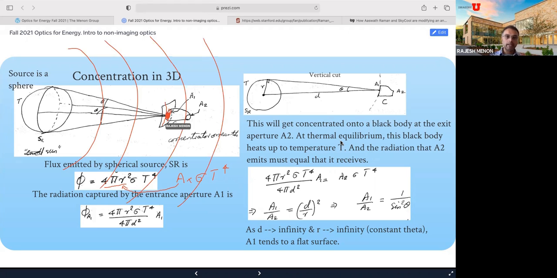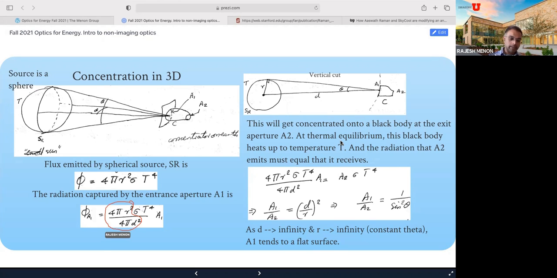So we need to find that fraction. And that fraction is found by taking this ratio, 4 pi r squared by 4 pi d squared, where d is the distance from the center to the aperture, and multiplying by the entrance aperture of the CPC, just like before. So we get a relatively similar expression here, (r over d) squared, sigma T raised to 4, times A1.